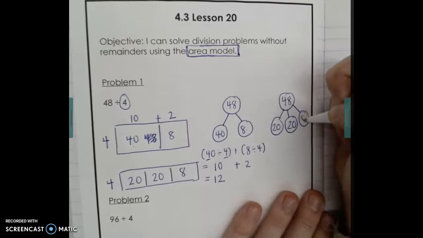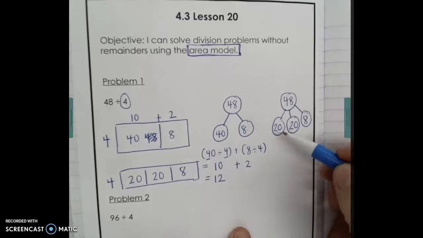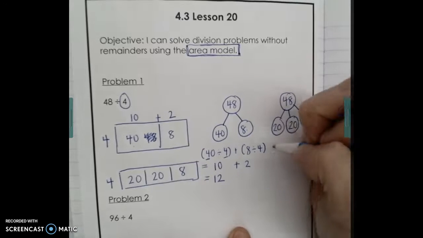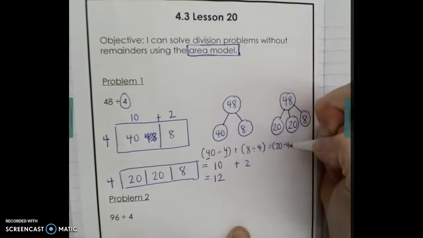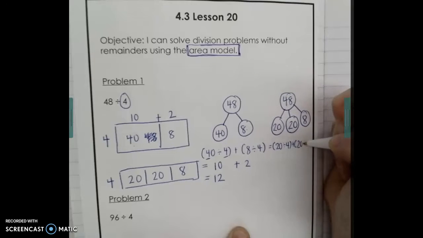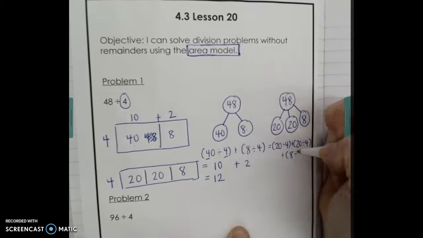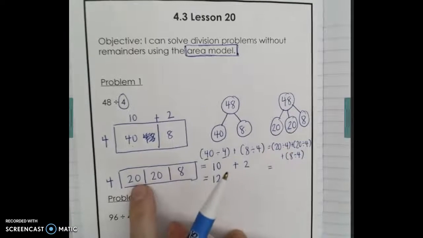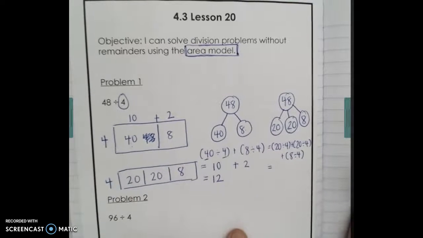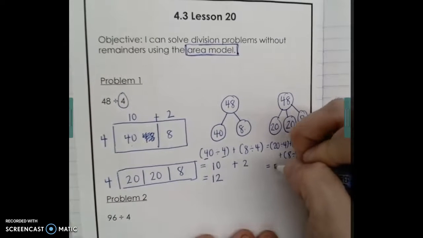And you can do that as many times as you want, right? Now I'm going to take each of these and divide it by 4. So this would be 20 divided by 4 plus 20 divided by 4, and then plus 8 divided by 4. Well, 20 divided by 4 would be 4, 8, 12, 16, 20, so it would be 5.